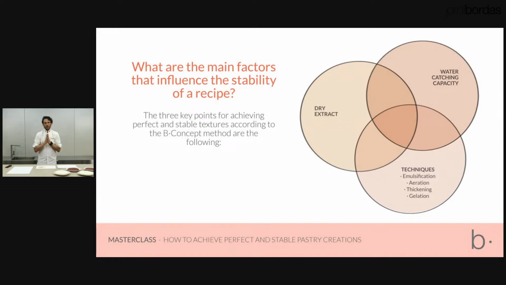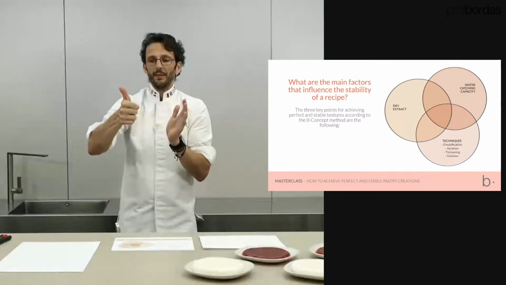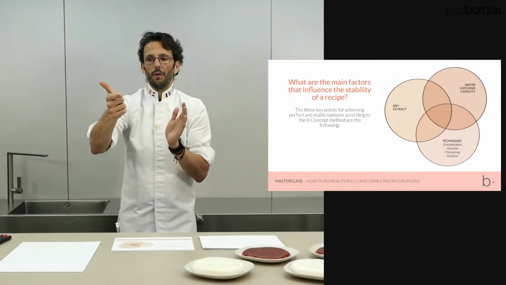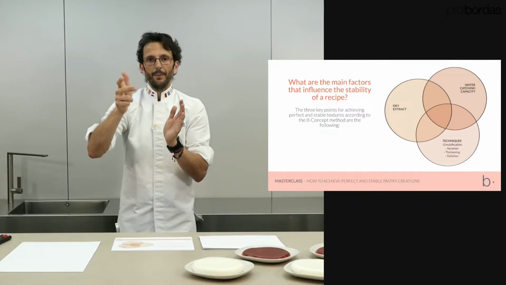So the solution, when we have water leaking out in our recipe, is to think about what Jordi tells us in the Masterclass. One solution is to introduce more dry extract in my recipe. Another solution is to introduce ingredients or molecules that have high water catchment capacity, like starch, thickening agents, fibers or proteins.